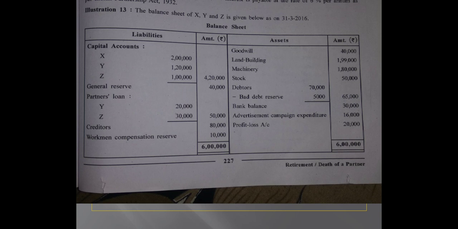Yes, here in your balance sheet, liabilities side, you can see the opening balances of capital accounts of X, Y and Z. And on the asset side of the balance sheet, you have an opening bank balance, which is 30,000. Alright.